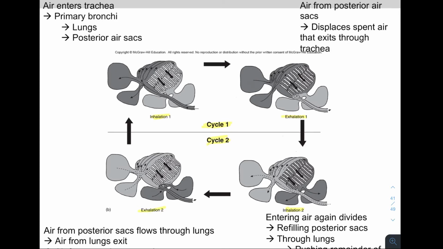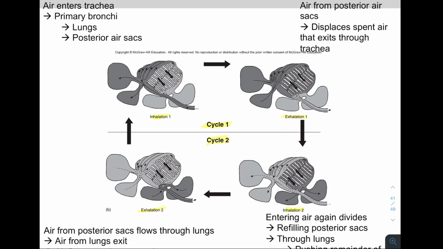The way to follow this is to look at the dark gray as one type of volume of air and the light gray as a different volume of air. The best way to track it is to just focus on the dark gray first and see what it's doing.